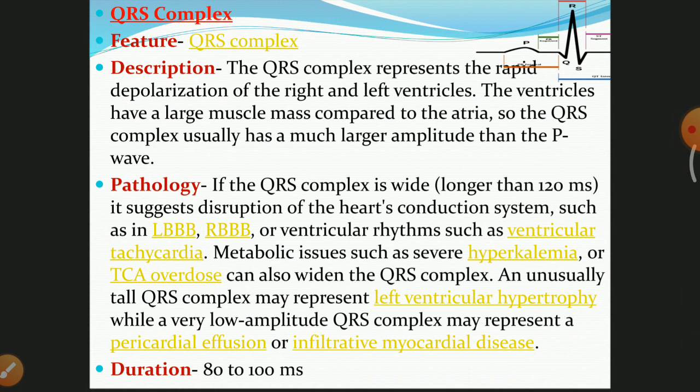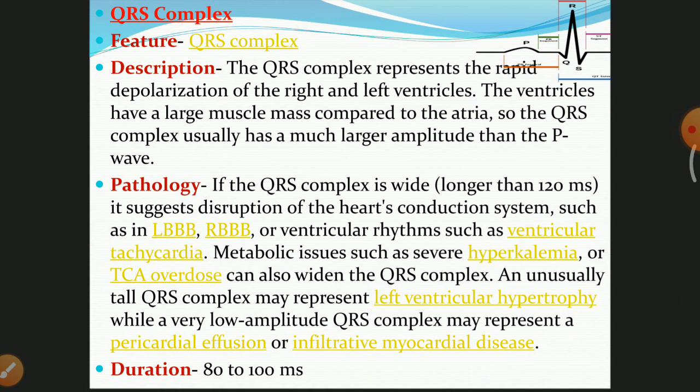Pathology. If the QRS complex is wide, longer than 120 milliseconds, it suggests disruption of the heart's conducting system, such as in LBBB, left bundle branch block, or right bundle branch block. The bundle branches, right and left, carry impulses from the AV node toward the ventricles.